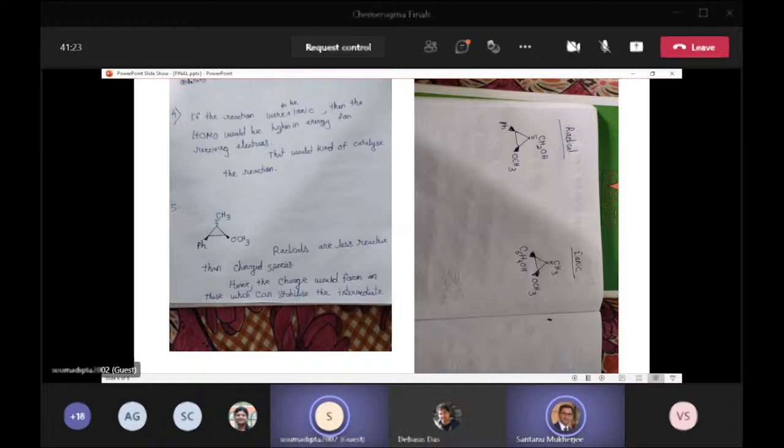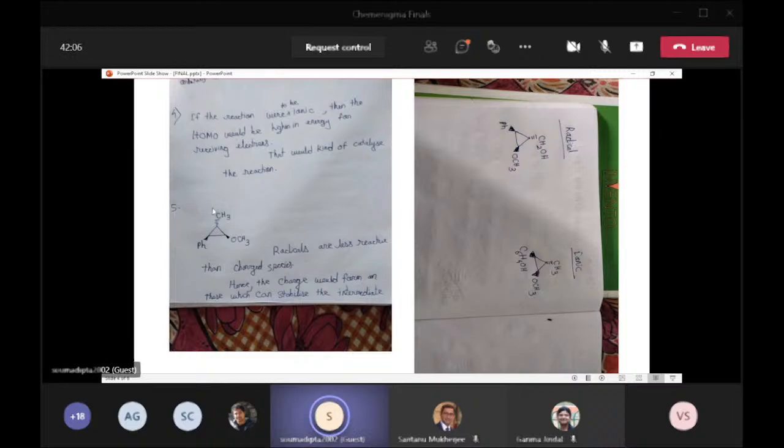Okay, all right. Just a quick question, Soumitra. Here you have mentioned that if the HOMO would be high in energy for receiving electrons. Is that what you've written? Yes. HOMO is the highest occupied molecular orbital, right? Yes. How is it receiving electrons, if it's already occupied? That's a wrong one. What I meant is that if HOMO was higher in energy, it can easily donate electron to LUMO.